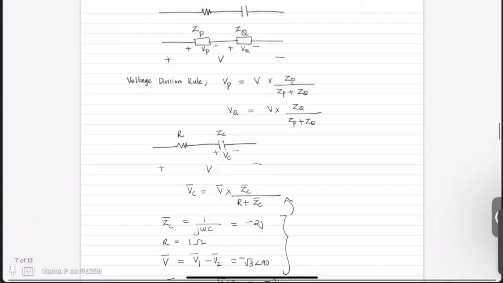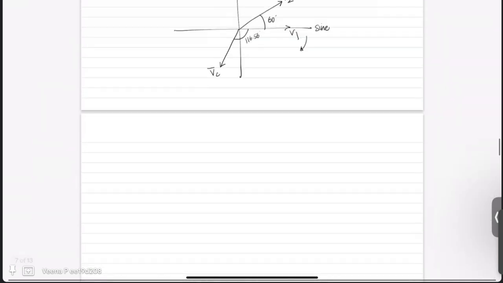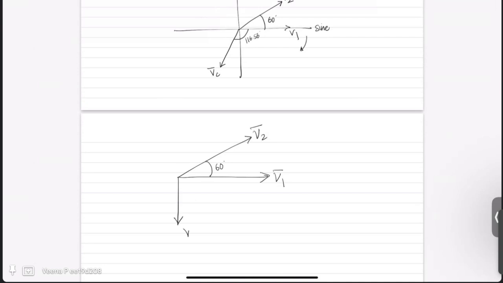So finally when you draw, your V1 is here, V2 is 60 degree ahead of V1. Difference between them is here and your VC is here. This angle is 116 minus 90, which is around 26.56 degree. And this is 90 degree. So this is the correct answer.